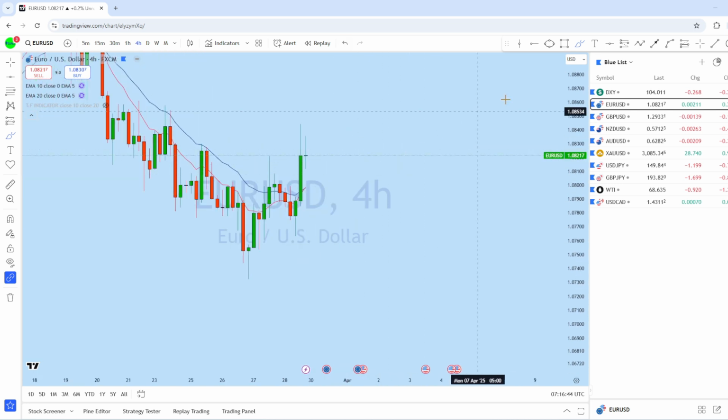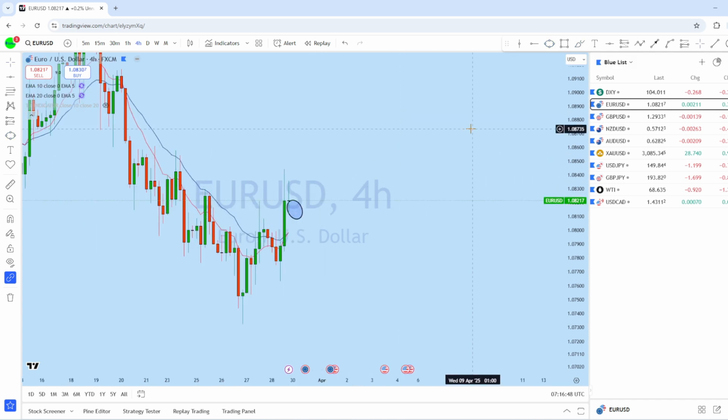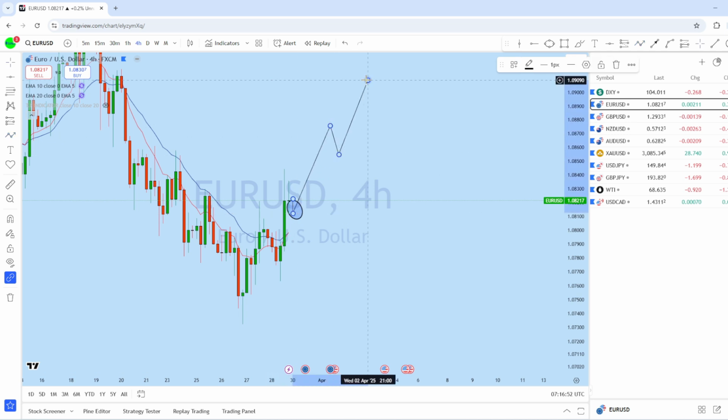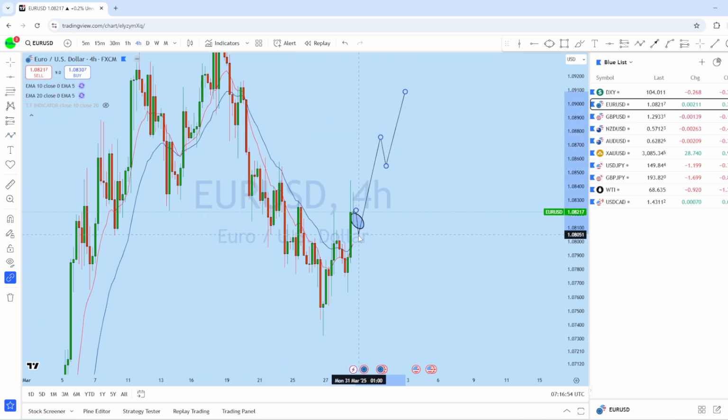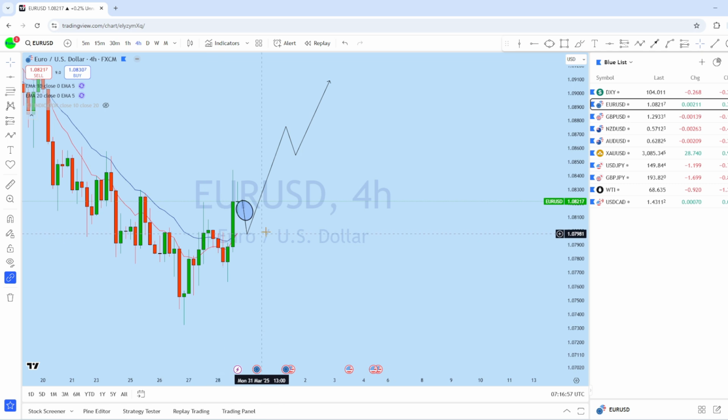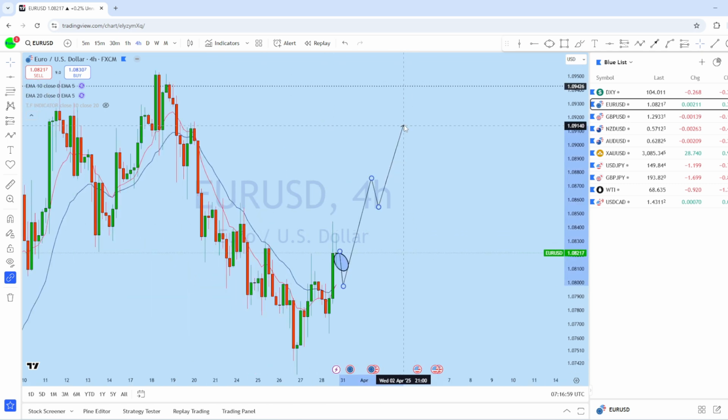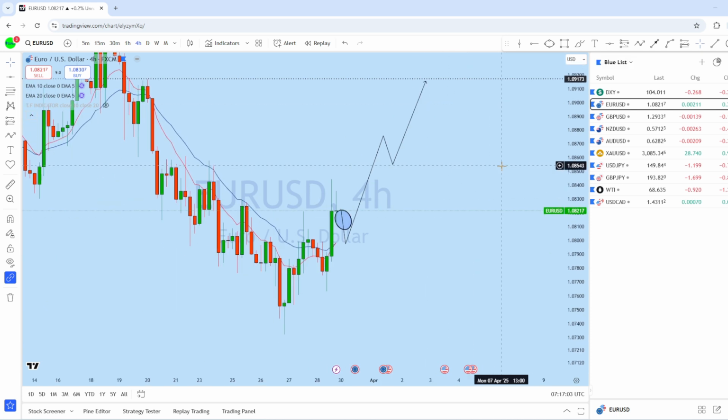And what I think is that in that area, we could see euro dollar potentially breaking below, grabbing that liquidity and then bouncing back to the upside. We can expect a deeper pullback, potentially a retest of this neckline, and then trending to the upside to create a new higher high in this market. So this could be the potential wave on euro dollar for the upcoming week.